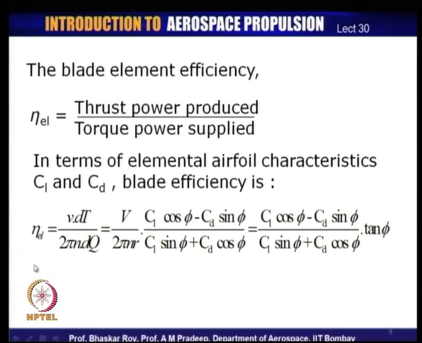So, the elemental efficiency of any particular blade element of a propeller can be written down in terms of CL and CD and phi, which is the flow angle into that particular element, and these three together finally give you the elemental efficiency of the propeller, which stands to reason really, because the three of them together actually decide the aerodynamic working capability of that particular element, which as you know is an aerofoil section.